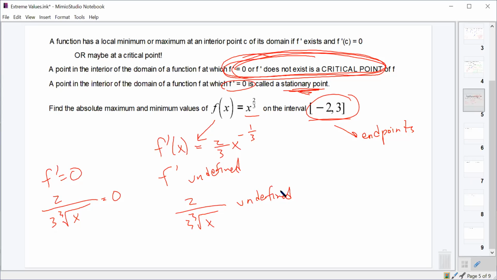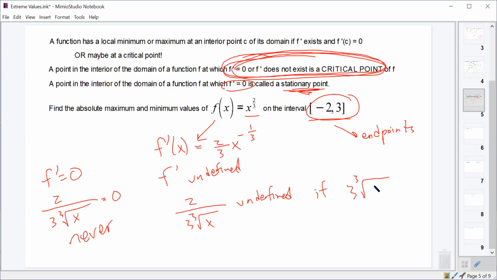So when does a fraction equal 0? When the numerator equals 0. And when does 2 equal 0? Never. So this is never true. And when is a fraction undefined? If the denominator is 0.